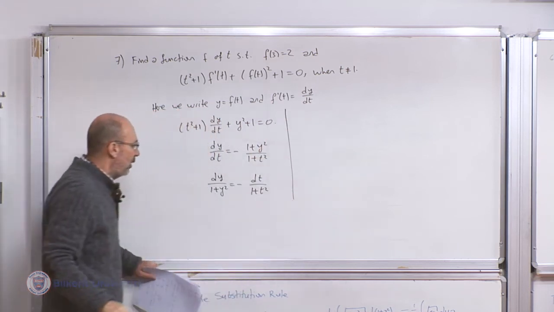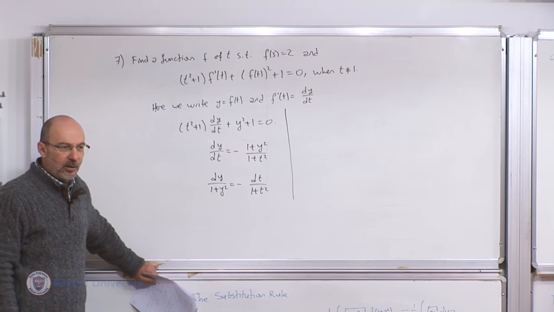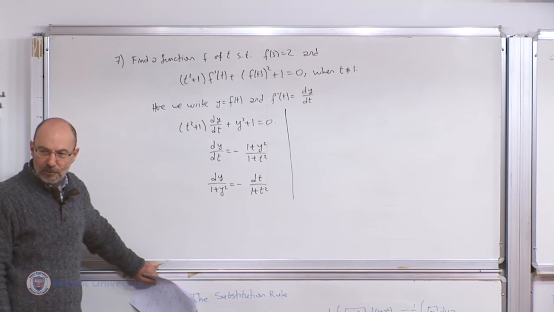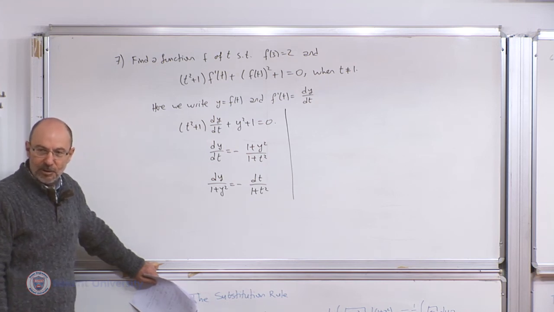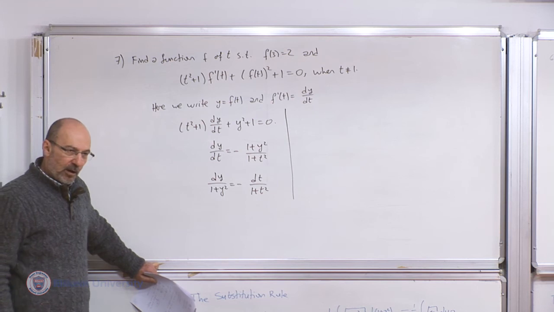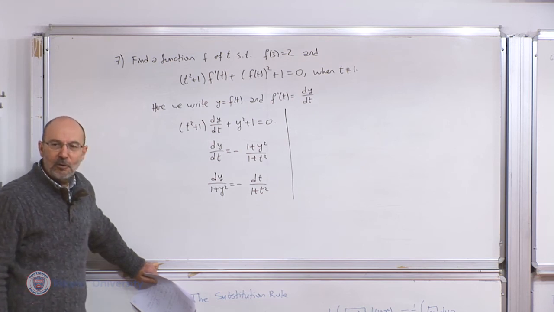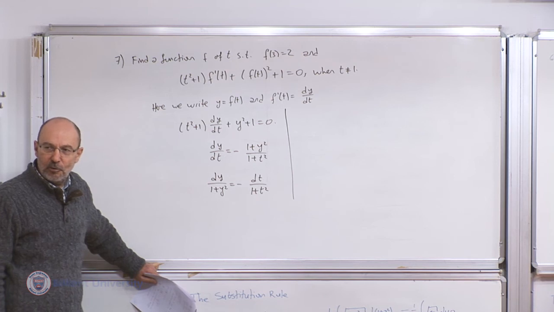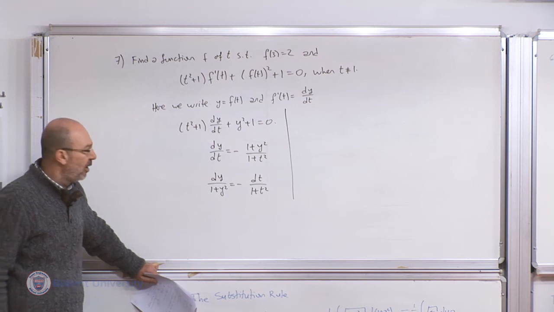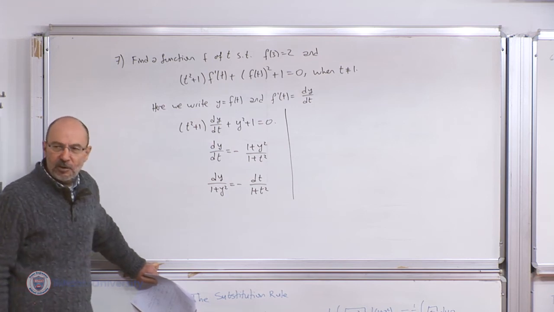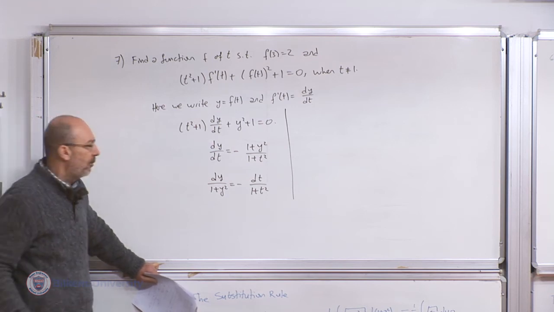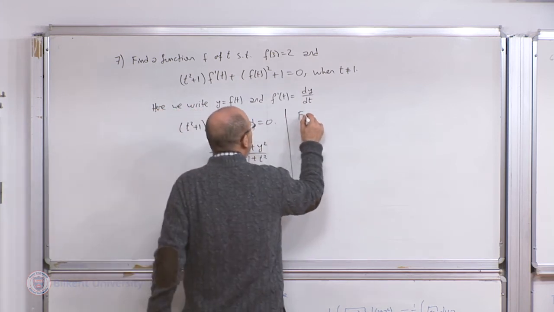What do I get when I integrate these? Did you see this in high school? Do you remember these things? We didn't do this formally in calculus yet. We'll do this later. If you don't know the antiderivative of something and your techniques don't work, the next thing you do is look up a table of integrals. The table says that 1 over 1 plus t squared is the derivative of arctangent t.